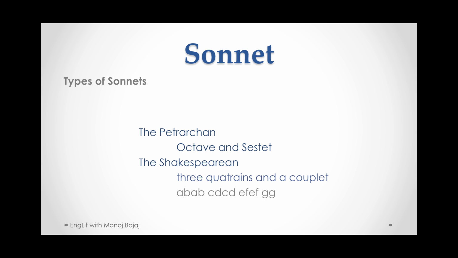The first 8 lines of the Petrarchan sonnet make a long movement which is broken only by a slight pause at the end of the fourth line. And this octave part contains the main idea, the main thought of the poem.